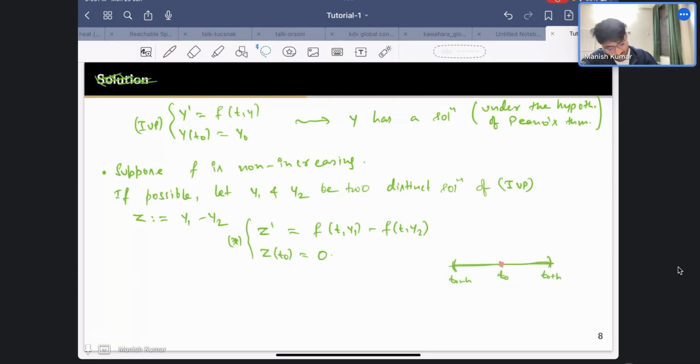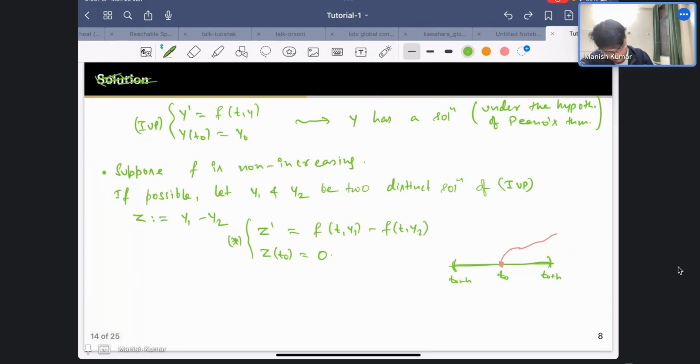Suppose y1 goes like this, and y2, because they are different, at some point will differ. The possibilities of y2 are that it can go like this, or it can be the same till here and then change. There are many possibilities.